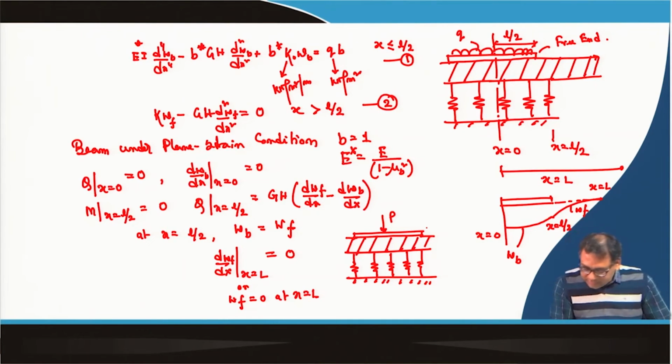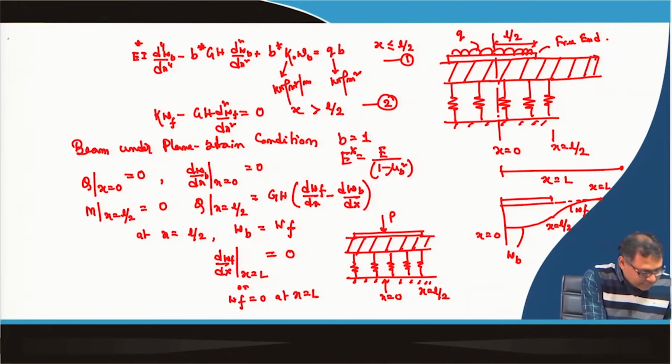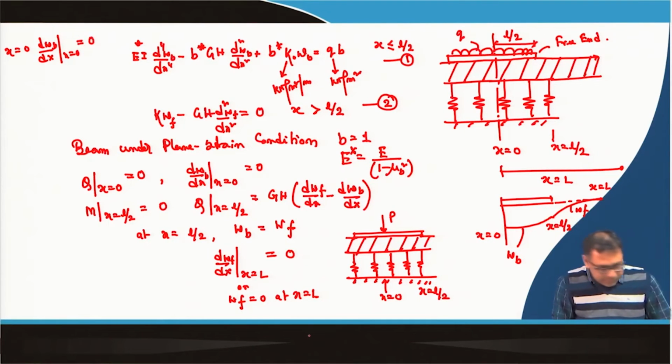Now, if it is the case, this is your x equal to 0, this is x equal to L by 2, and then how can I write these boundary conditions? So, boundary conditions: at x equal to 0, dWb/dx at x equal to 0 will be equal to 0.